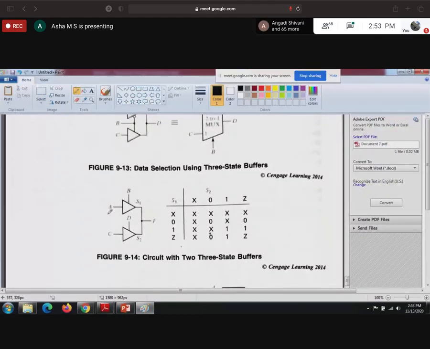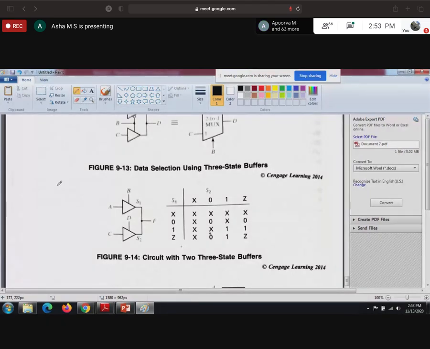See this diagram, second diagram. The outputs of the two buffers are connected together. So the final output is S. S1 is the output of the first buffer, S2 is the output of the second buffer.